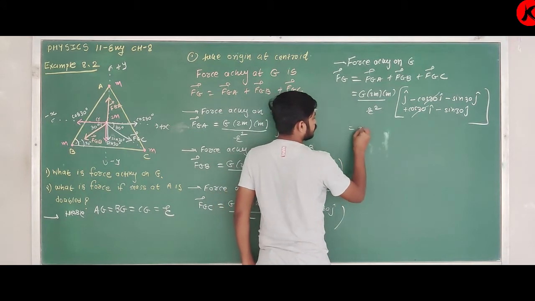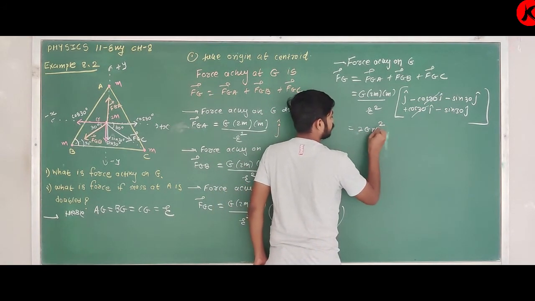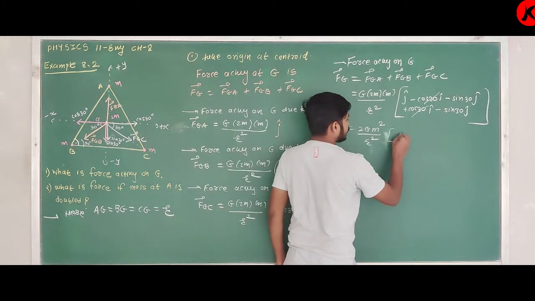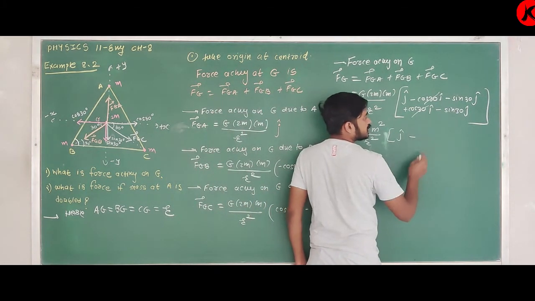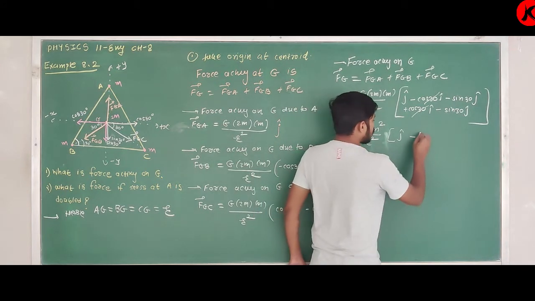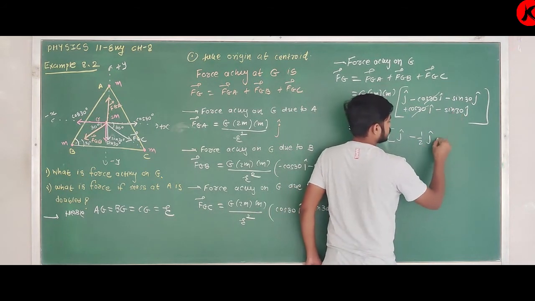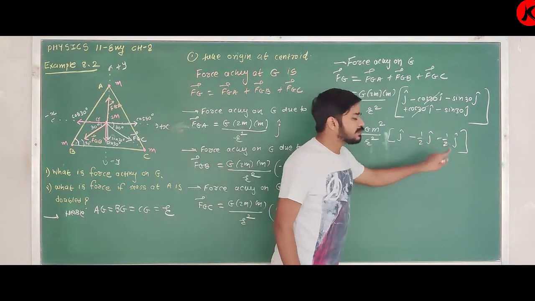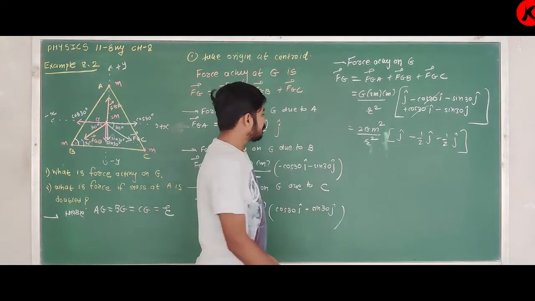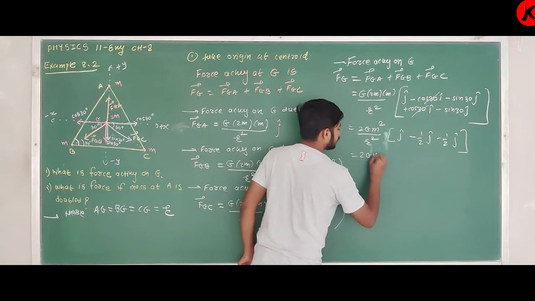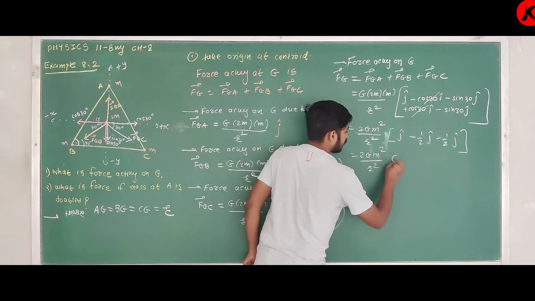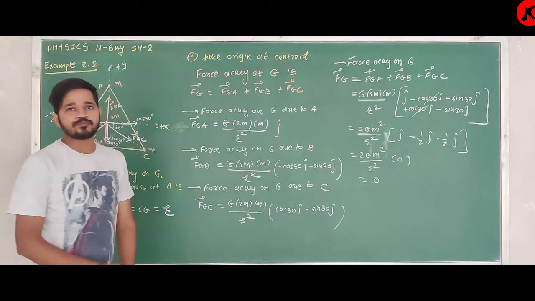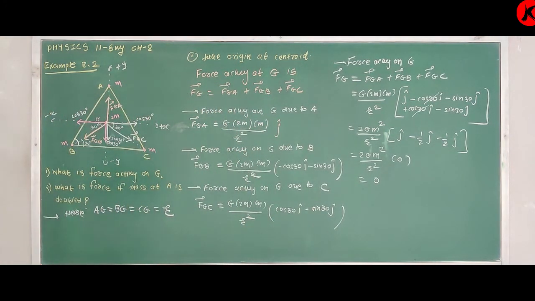So this is equal to 2G m square upon r square, in bracket j cap minus sin 30. Sin 30 means 1 by 2, so it is 1 by 2 j cap twice. So minus 1 by 2 minus 1 by 2 is minus j cap, so the bracket is 0. Your answer is 0.